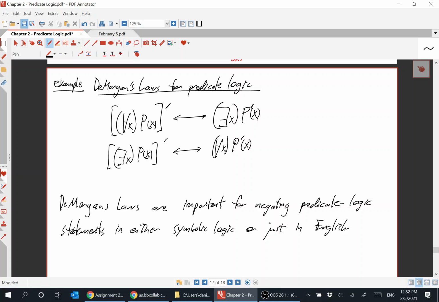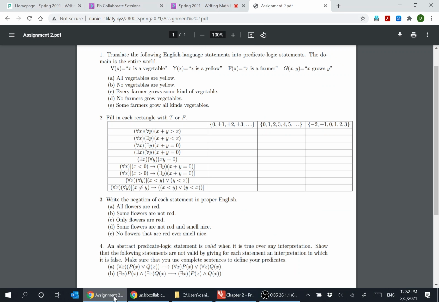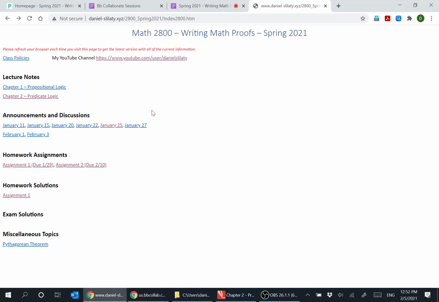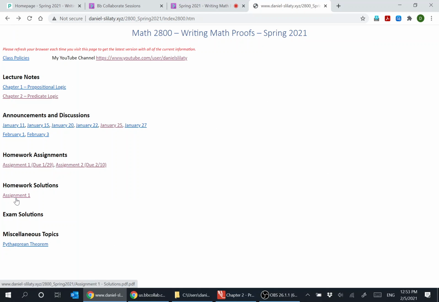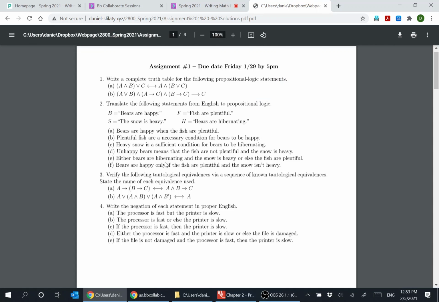So for now, in propositional logic, when we were doing negations, what we did was we translated things from English to symbolic logic, then we negated them, and then translated them back into English. Right, so here's the solutions to assignment 1.